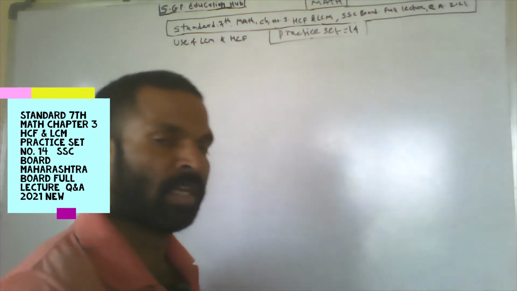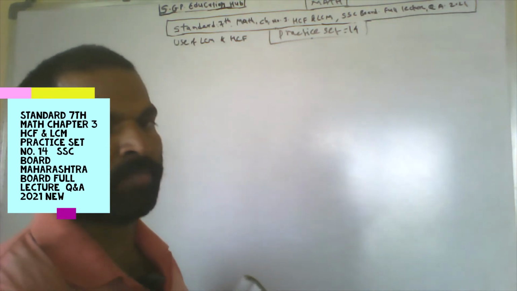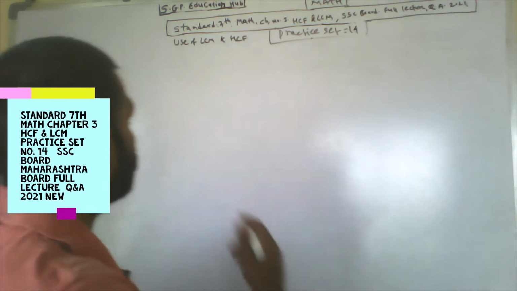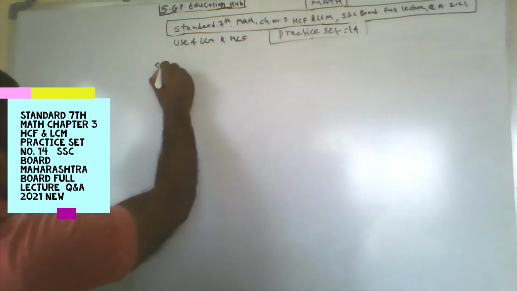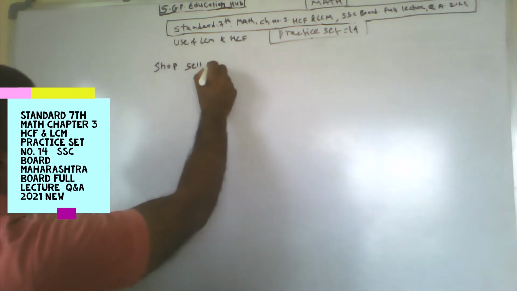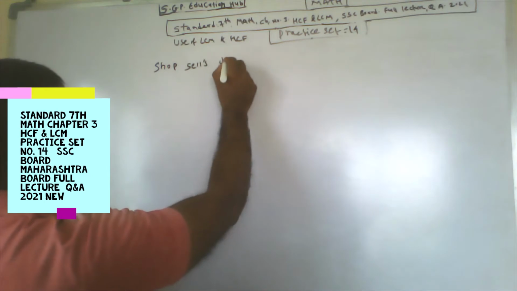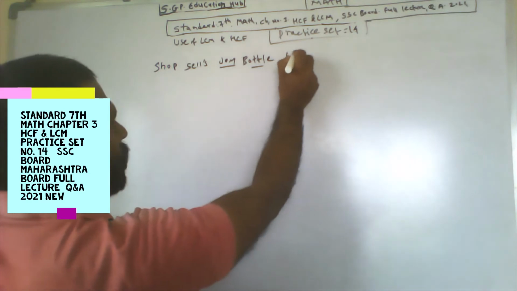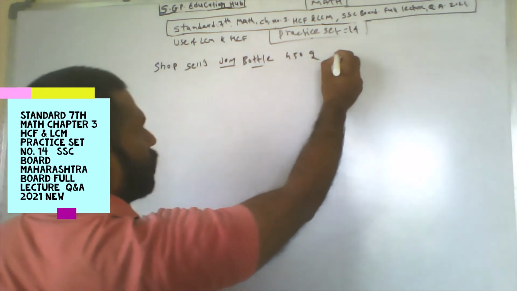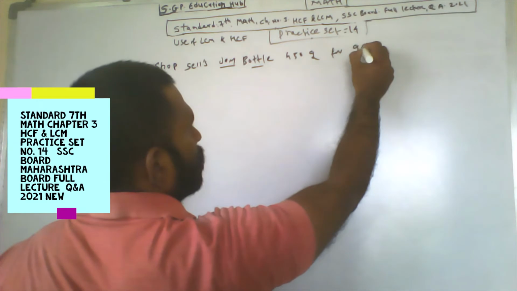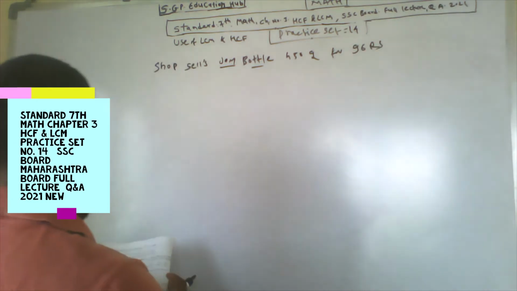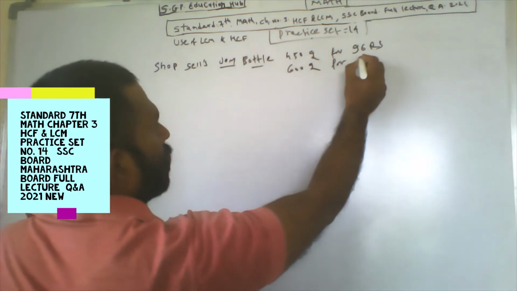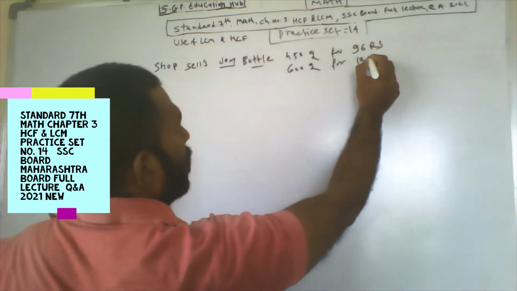Here I have some examples for this. The first example is a word problem. There is a shop that sells a jam bottle of 450 gram for 96 rupees and 600 gram for 124 rupees.